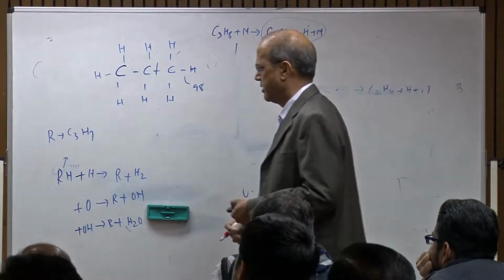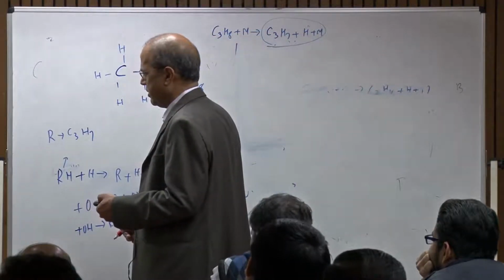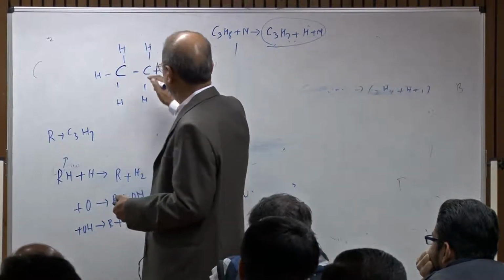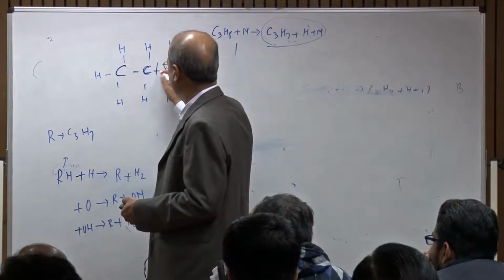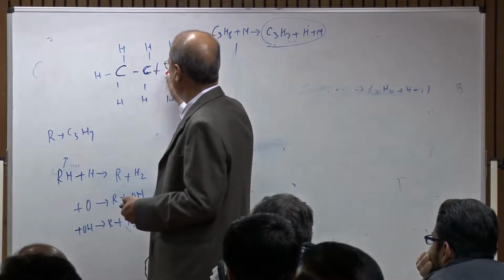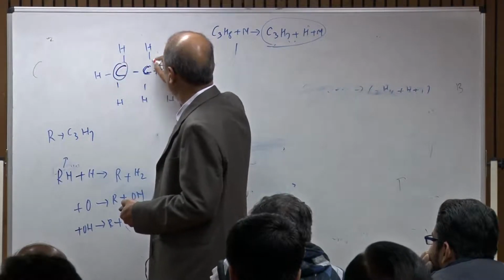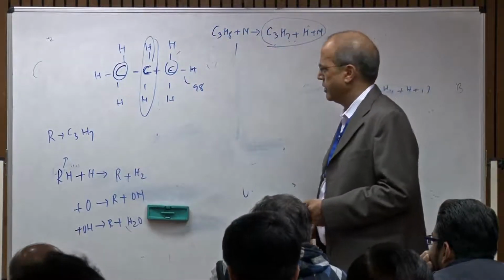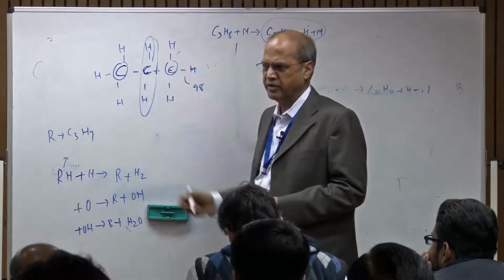What is the secondary bond? One C atom bonded with 2 C and 2 H, which will be this one, right? So 2 C's, this and this. So these 2 are secondary CH bonds, because this C has 2 C bonds and 2 H bonds.